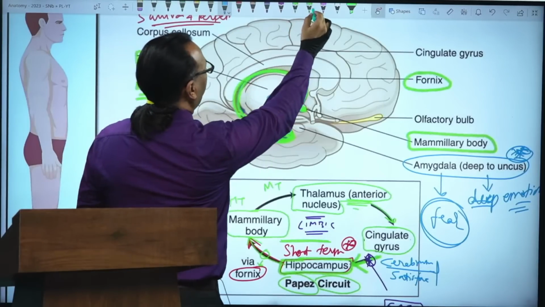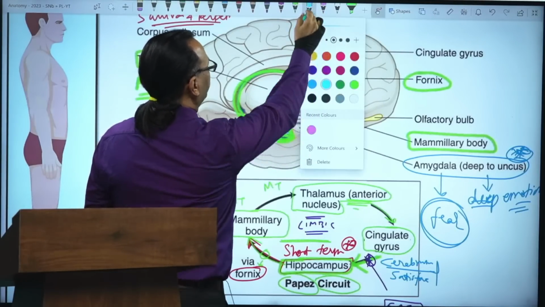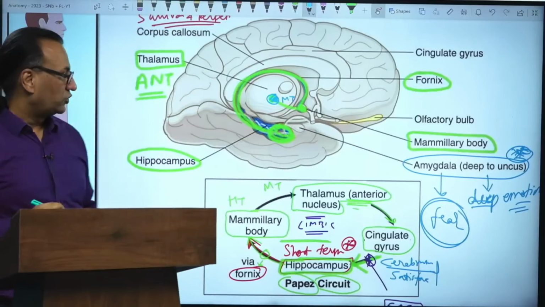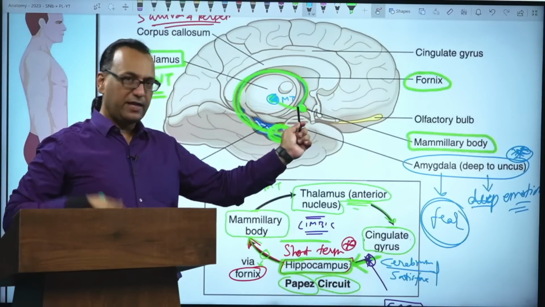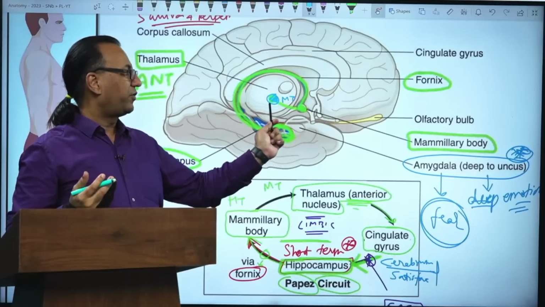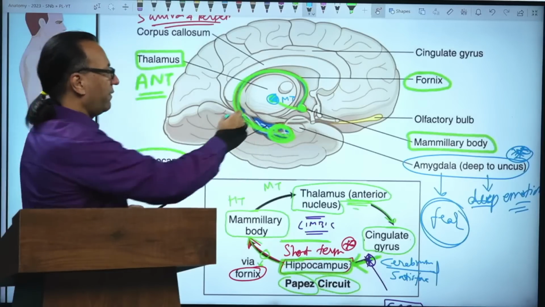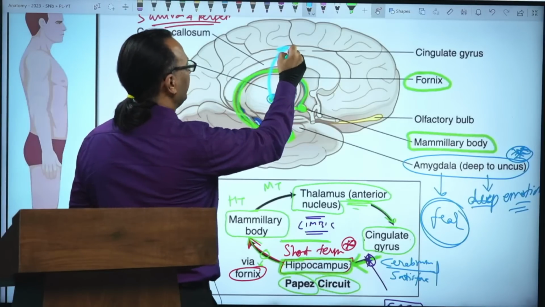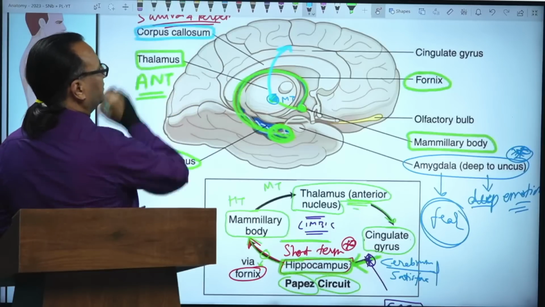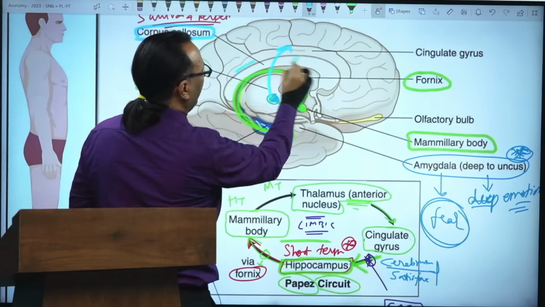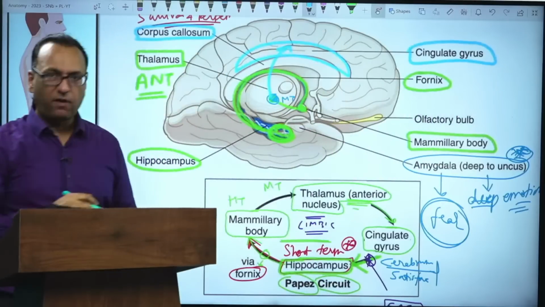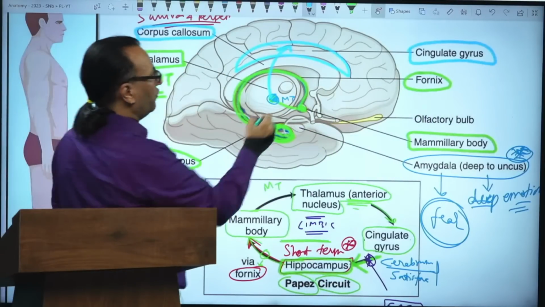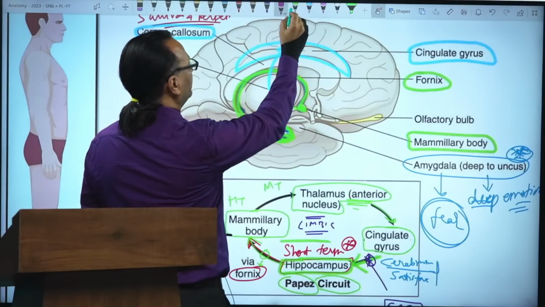And from there, where will it go? From the hippocampus, the fornix, to the mammillary body, the hypothalamus, then mammillothalamic tract to the thalamus, anterior nucleus, and from there to cingulate gyrus, which is above the corpus callosum. What is this? The cingulate gyrus. And from cingulate gyrus, where will the information go?